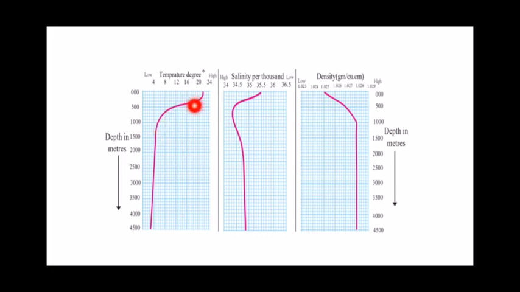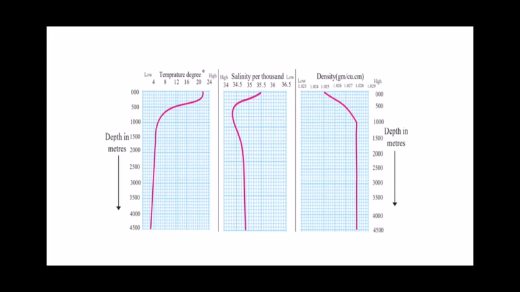So you can see temperature has decreased, and even the salinity is decreasing. Near the surface the salinity is high, that is around 35.5 parts per thousand. Then as you go down into the depth, it is coming down. So as the depth is increasing, the temperature and salinity are decreasing.